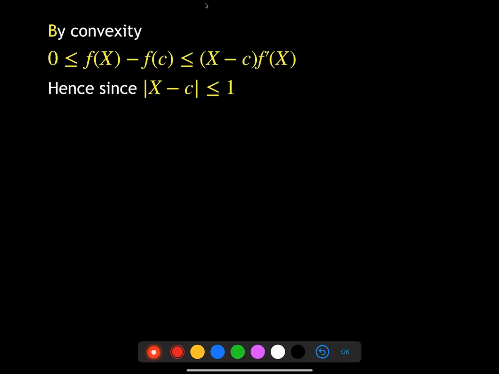And then we use convexity to ensure that the difference between f at capital X minus f at point c is less than (X minus c) times f prime at capital X. And of course, it is non-negative because c is the minimum.